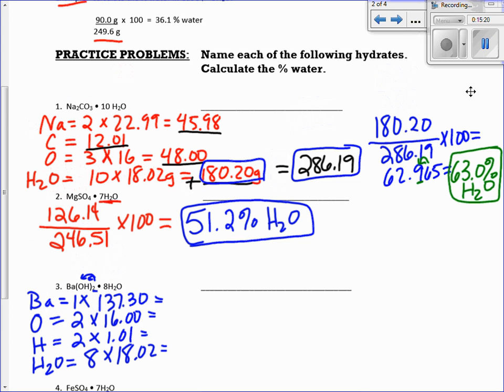One other quick thing we forgot to do. It does say here that we need to name each of the following as well. So this one would be sodium carbonate, because we have carbonate here, we have sodium. We know sodium's not a multivalent metal, but it has 10 waters, so 10's prefix is what?